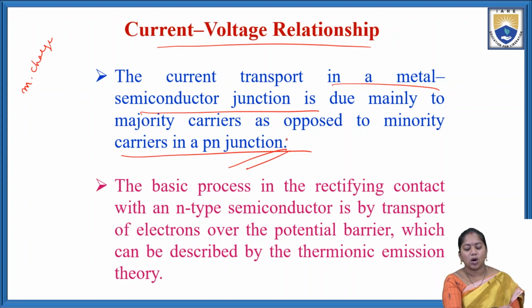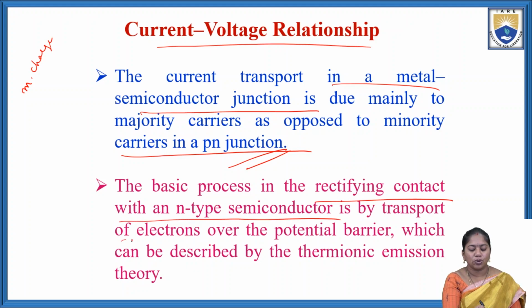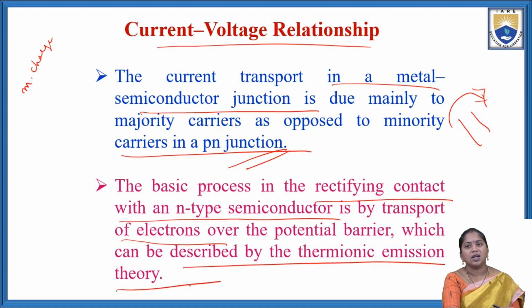The basic process in rectifying contacts with n-type semiconductor is the transport of electrons over the potential barrier.